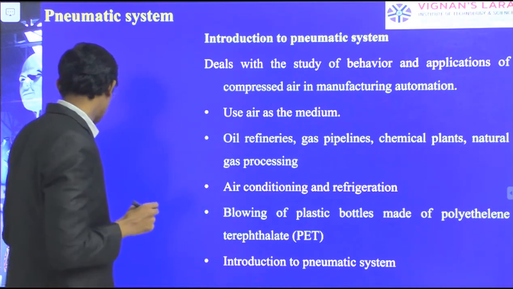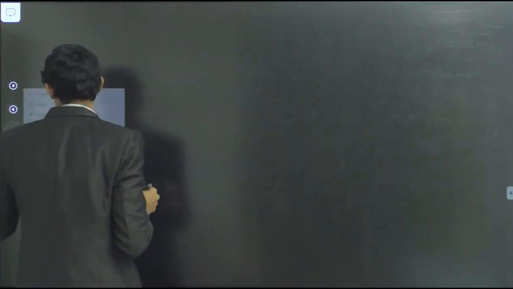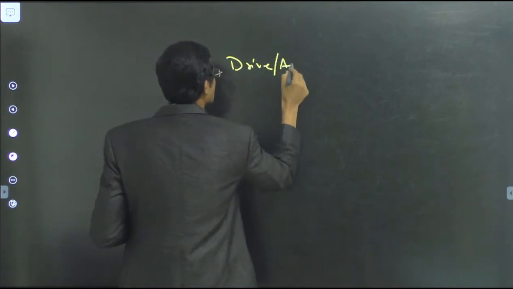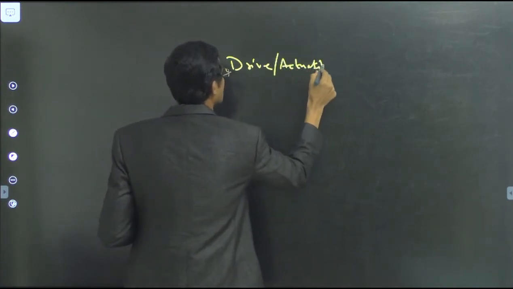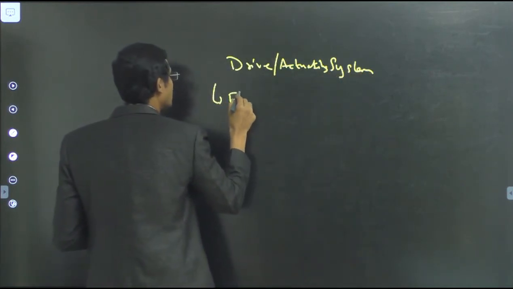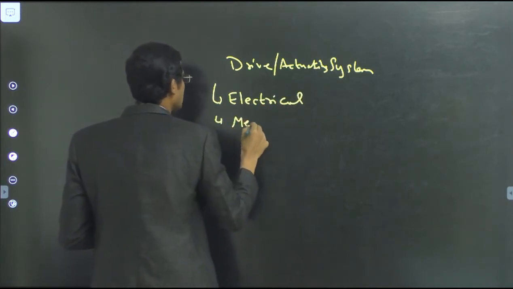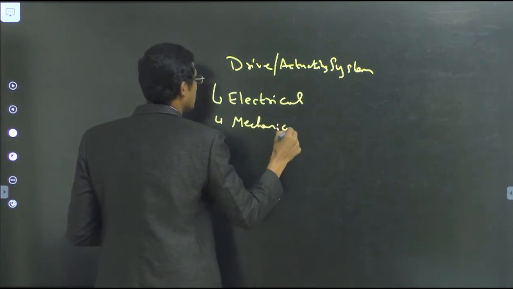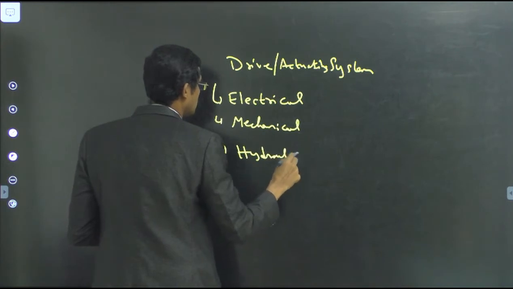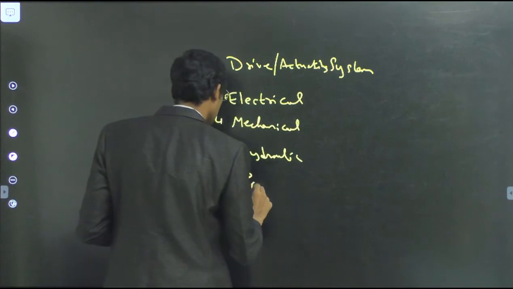We have seen in previous classes that the actuating drive systems have been divided into electrical actuating, mechanical actuating, then hydraulic actuating, and now we are dividing into the pneumatic actuating systems.